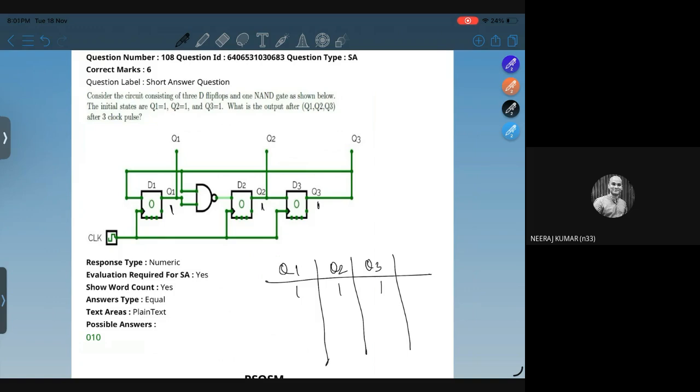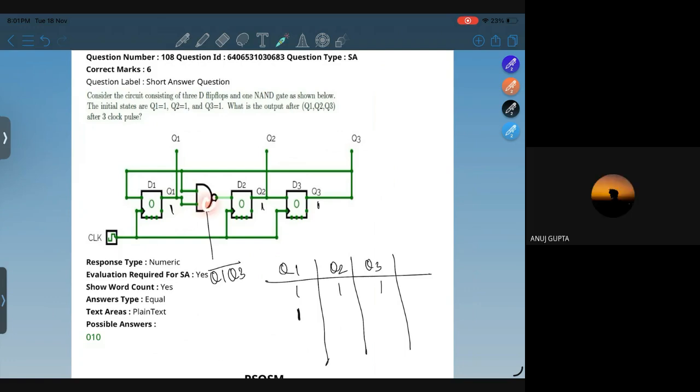In the next row, the value of Q3 will become Q1. So Q3 is 1, so Q1 will also be 1. For Q2, it is the NAND of Q1 and Q3, and you have to take note of that. Q1 and Q3 in the first row are 1, 1, so its value will be 0.